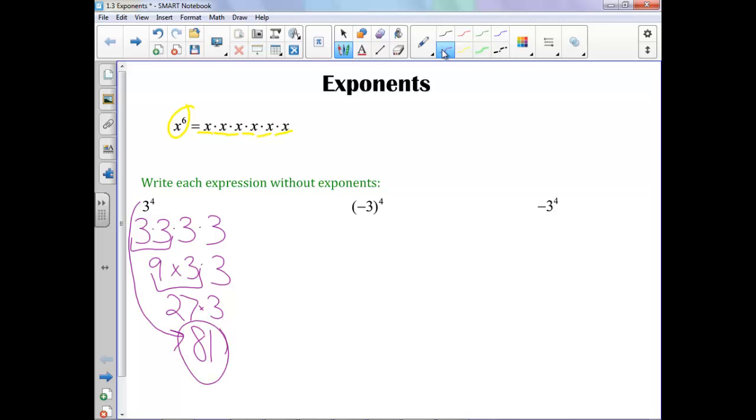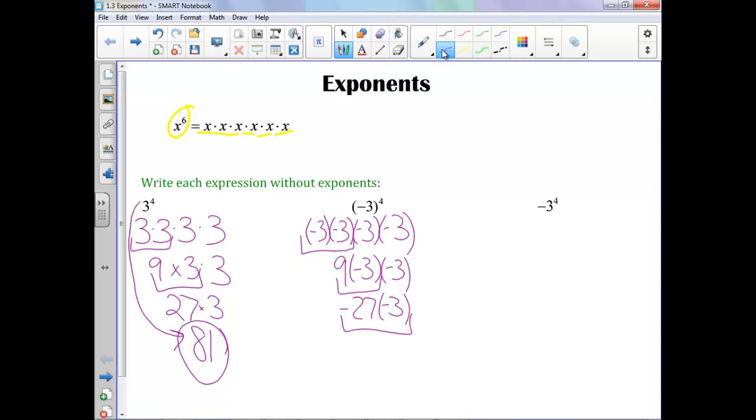Now our next one, it's negative 3 to the 4th. Negative 3 times negative 3 is positive 9, times negative 3 times negative 3. 9 times negative 3 is negative 27, times negative 3. Negative 27 times negative 3 gets us back to positive 81.